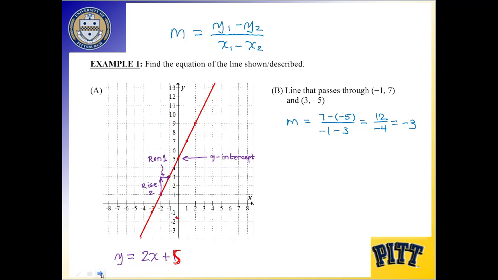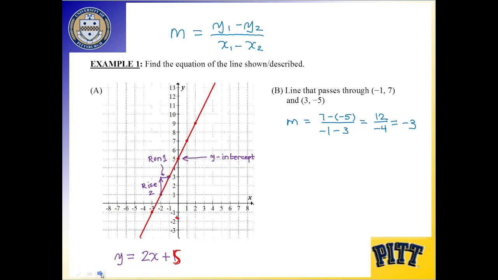Since I'm not given a y-intercept, as you can see from the two points they gave us, a y-intercept is going to have an x-coordinate of 0, because remember, a y-intercept has to cross the y-axis. If you're on the y-axis, your x-coordinate is 0. Some students will take the 7 or the -5 and make that b and call it quits.